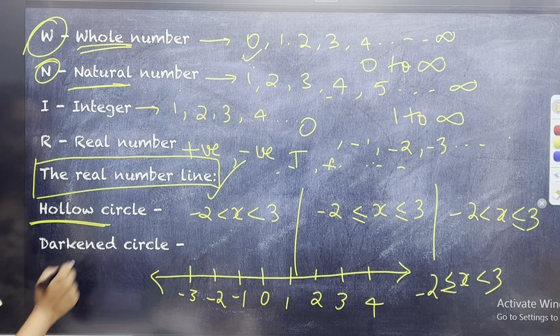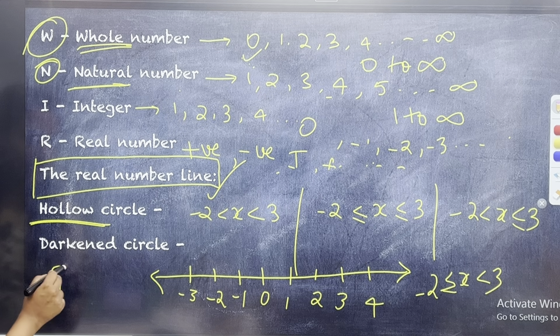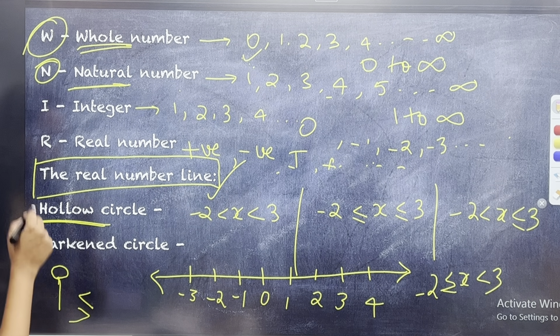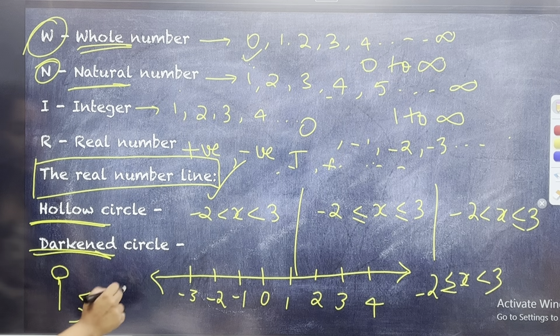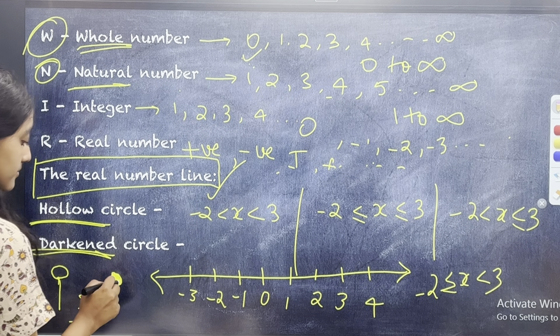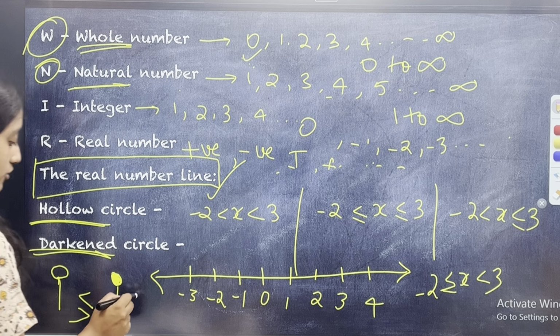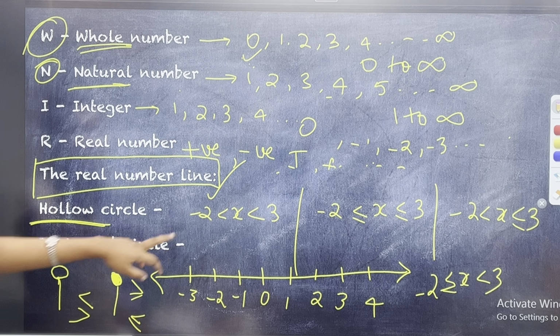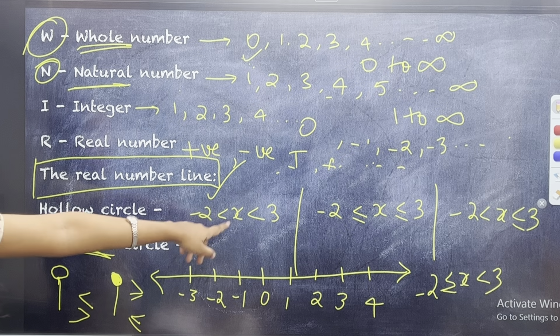A hollow circle, that means a circle without anything inside, is to denote less than or greater than. A darkened circle, matlab circle with filling inside, is to denote greater than or equal to and less than or equal to. For example, -2 is less than x is less than 3.